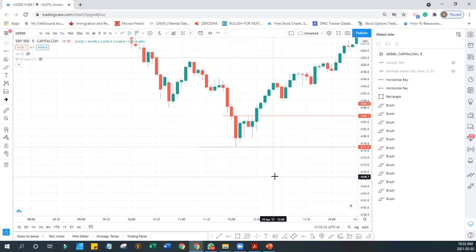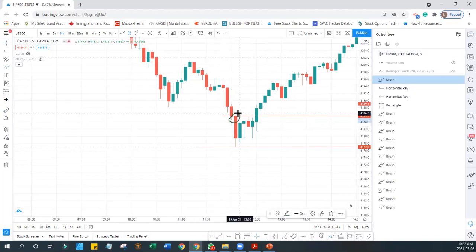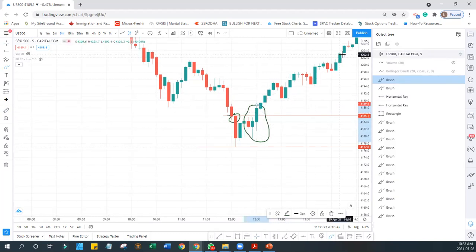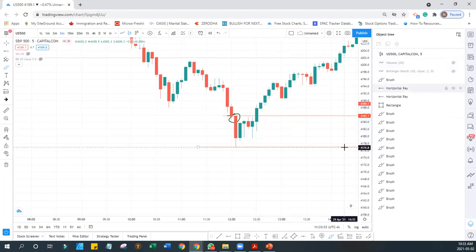The trend is about to change. When you go, you always wait for this candle high, because this was the high of that candle, to break. And look at this one. When it broke, the market trended upwards. Does it make sense to you guys? Very impressive.